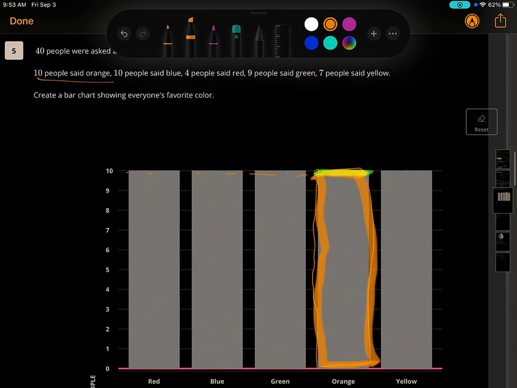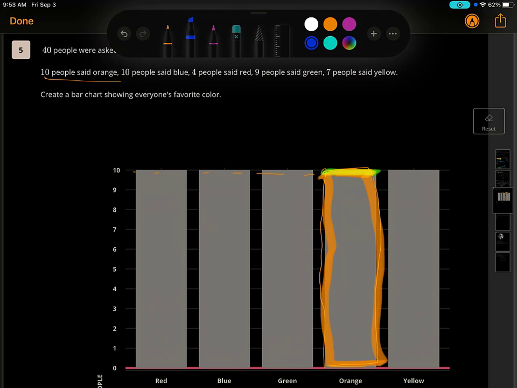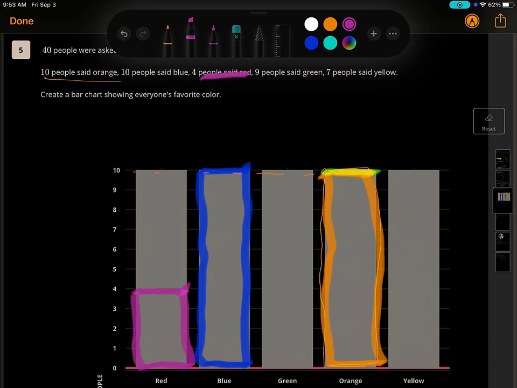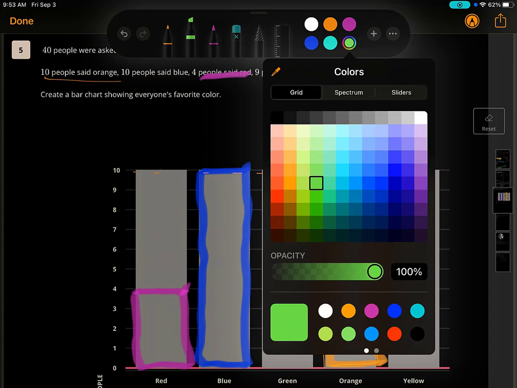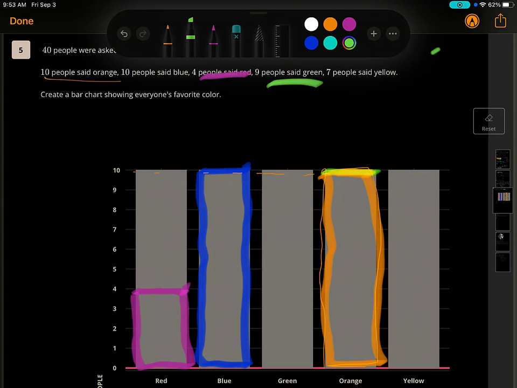So basically we're creating a bar graph. 10 people said blue. Four people said red. So go to the 4. That was red. Green. So 9 people said green.